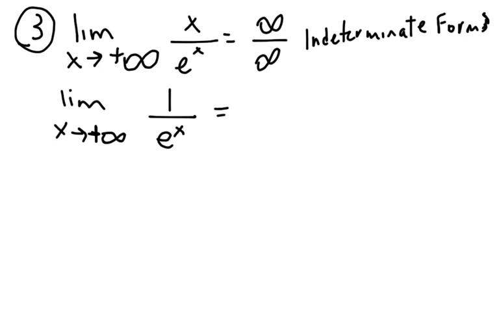And now, if I plug in, so to speak, infinity, I have 1 over infinity, which we talked about before. Any really constant number over infinity is approaching 0. And you can always verify that if you have use of your calculator by looking at the table in the graph. So the answer to this one is 0.